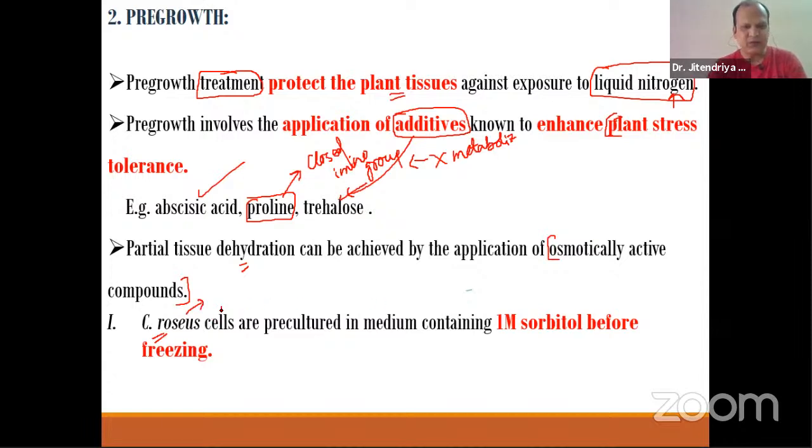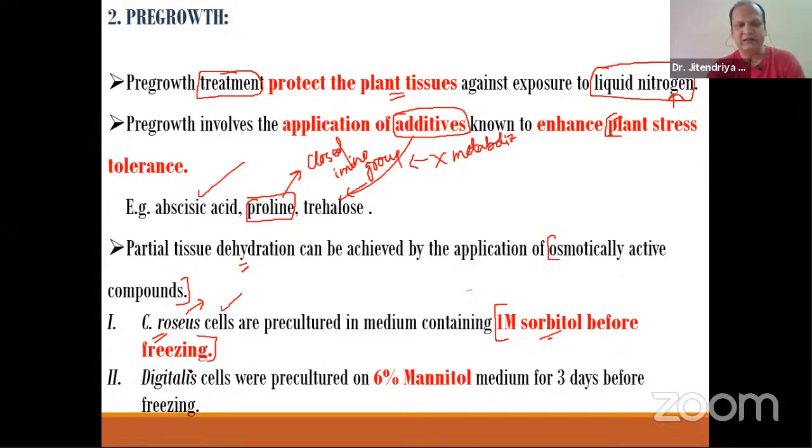These cells were taken by incorporating an osmolyte, that is sorbitol, before the freezing. Another example given here is digitalis cells, where 6% of mannitol is utilized. So let us say in the exam, if a question asks what are the different osmolytes utilized during liquid nitrogen treatment, then you can mention these things.